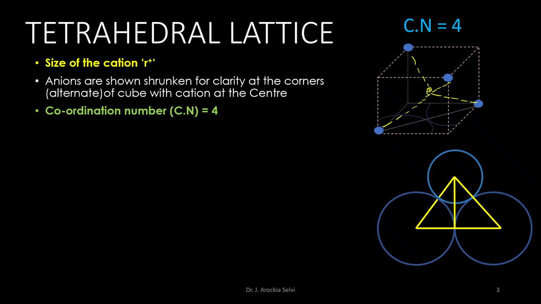So this is the cation. If we label this part, this will be A, the cation site will be B, and this is C, as depicted below. The anion radius is R minus here and R minus here, and this is the cation with radius R plus.